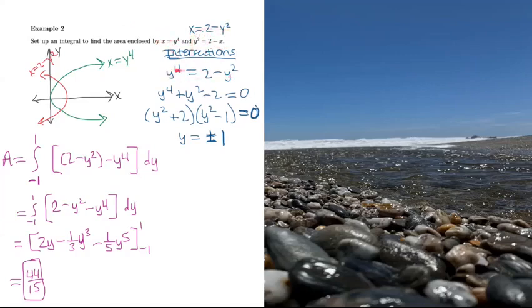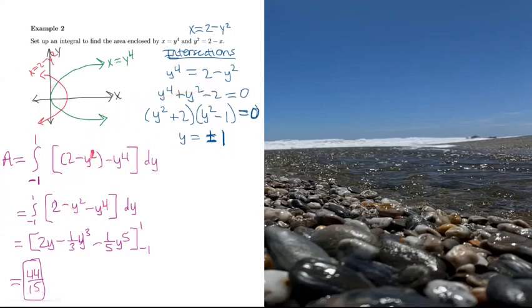So we set both equal to each other. Now we get everything on the same side, and you factor out. Just because it's y's, it doesn't change. You still factor it the same as if it was x. And then your answer ends up being negative and positive 1 is where they intersect. So right here and right here, y equals negative 1, y equals 1.